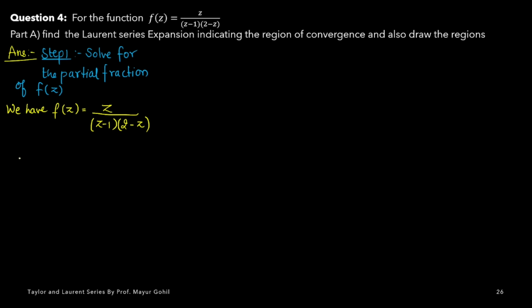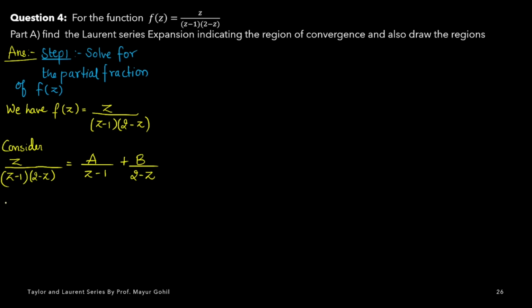Then consider z upon (z minus 1) into (2 minus z) equal to a upon (z minus 1) plus b upon (2 minus z).